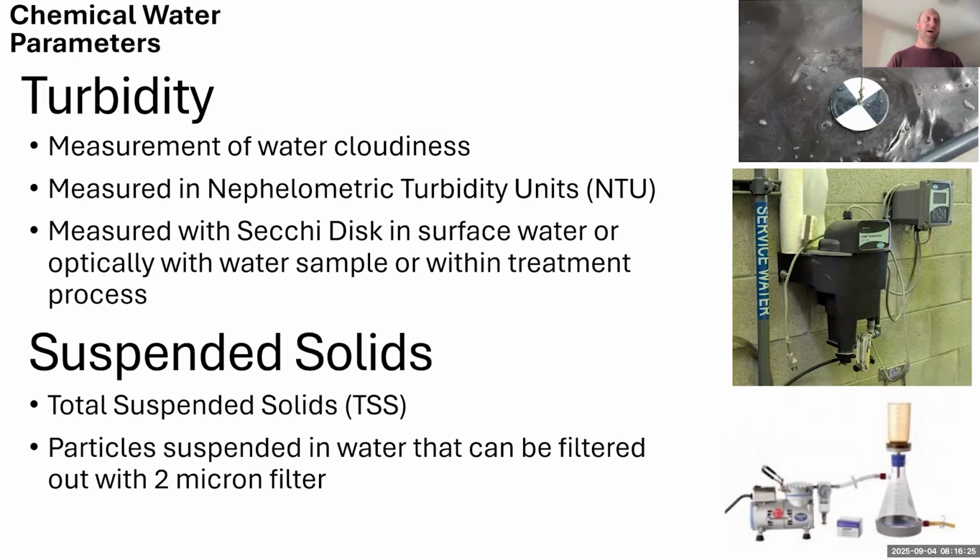The way you do this is you put a certain quantity of water into a funnel like this apparatus, and then you push it through this 2 micron filter, or use a vacuum to suck that water through. Then you see how much stuff is left behind. You can weigh that and see how much suspended solids are left on that filter, and that's how much was in that water.